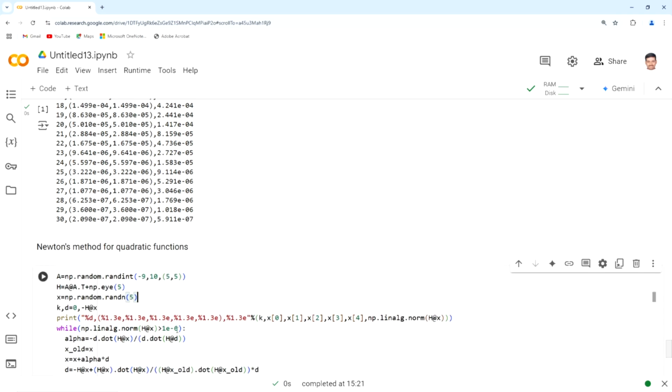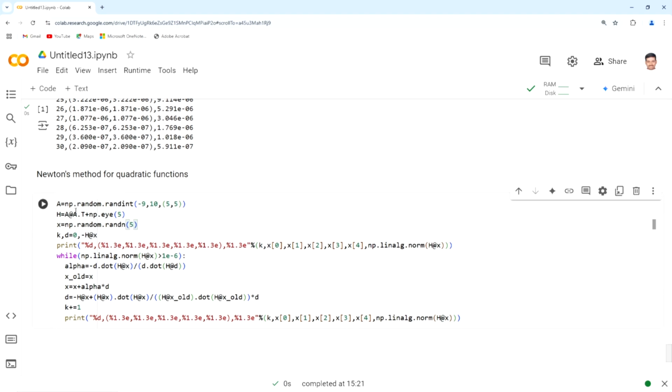Again I am initializing A as some random 5 cross 5 matrix, H is A transpose plus I, which makes H a positive definite matrix, and x I am also choosing randomly. You do not need D here, this is just print, and the while command is the same. All of these are not needed.